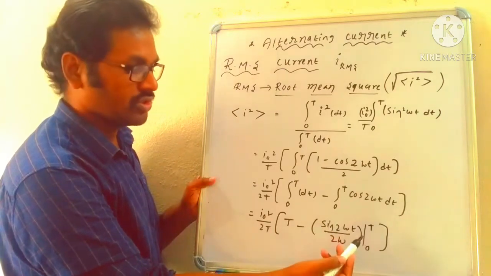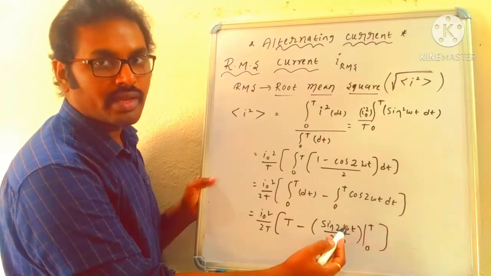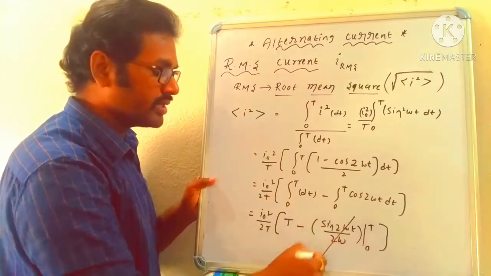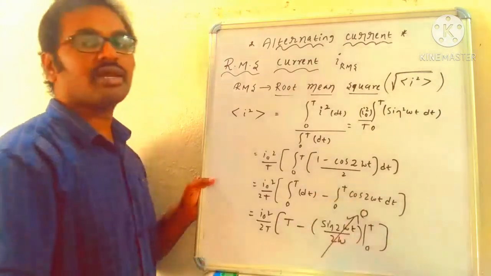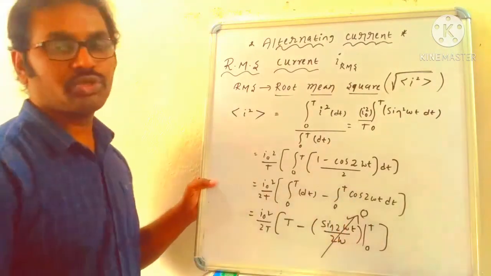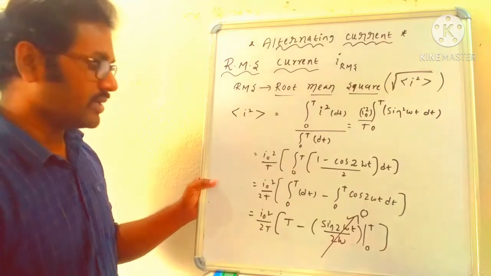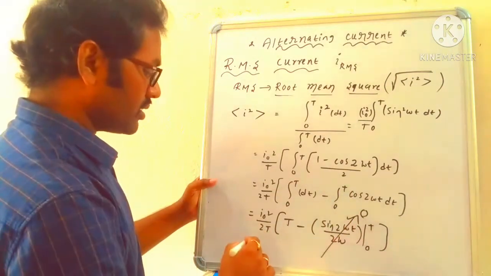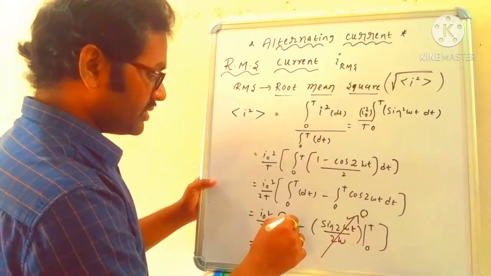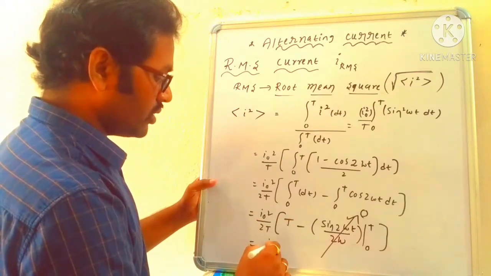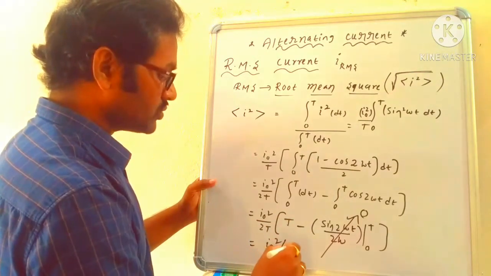Sine n pi is 0. For the lower limit, sine 0 is 0. So this entire expression comes as 0 by substituting the limits for the complete cycle. No need to take the second part. Finally, the T gets cancelled, and you will get I naught square divided by 2.